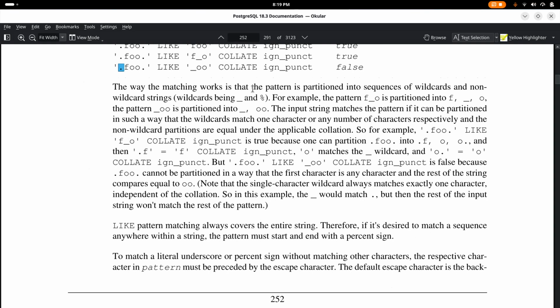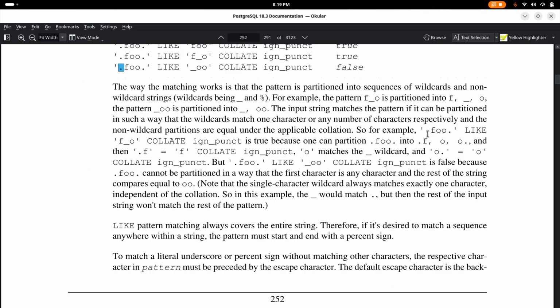The way the matching works is that the pattern is partitioned into sequences of wildcards and non-wildcard strings, wildcards being underscore and percent. For example, the pattern 'f_o' is partitioned into 'f', '_' and 'o'. The pattern '_oo' is partitioned into '_' and 'oo'. The input string matches the pattern if it can be partitioned in such a way that the wildcards match one character or any number of characters respectively, and the non-wildcard partitions are equal under the applicable collation.